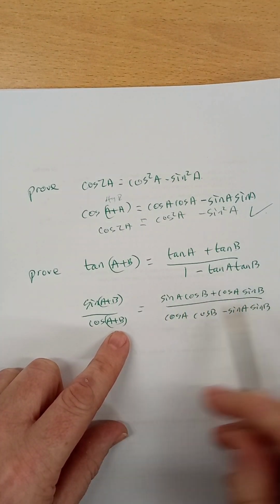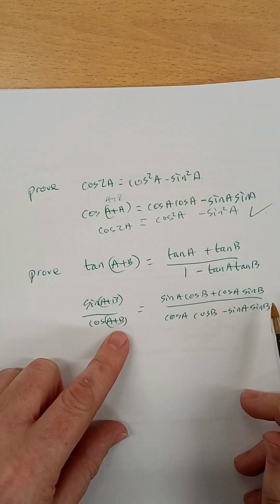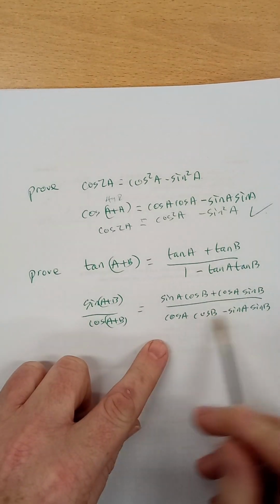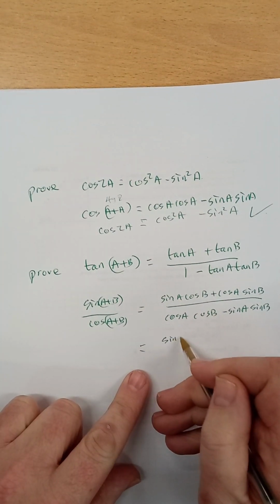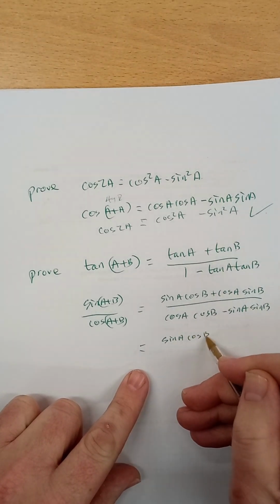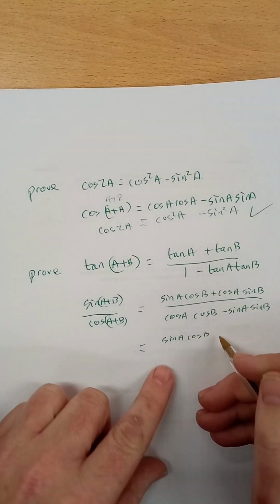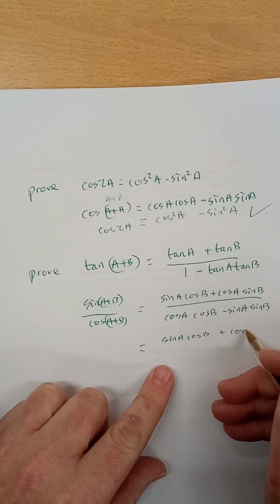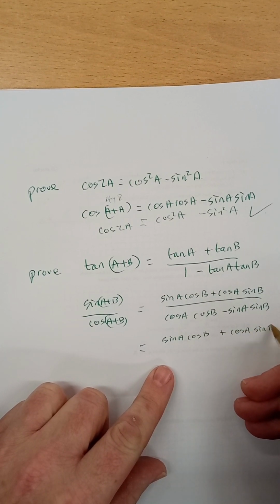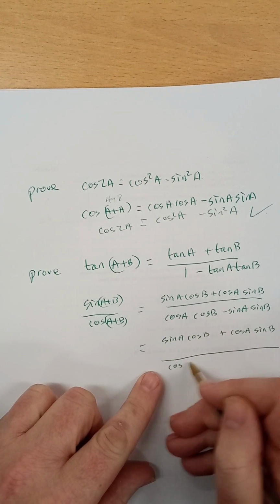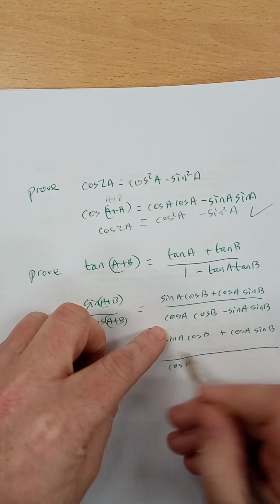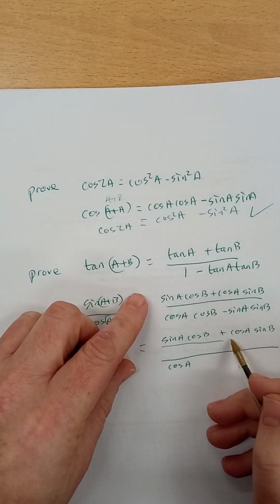And the next step, what do I do next? We're going to divide both sides by the bottom. Okay, so watch. That's going to be sine a cos b plus cos a sine b. I'm going to make a little bit of space. Okay, I'm going to write this bottom line down. So look, I just put a bit of space to put something underneath it.